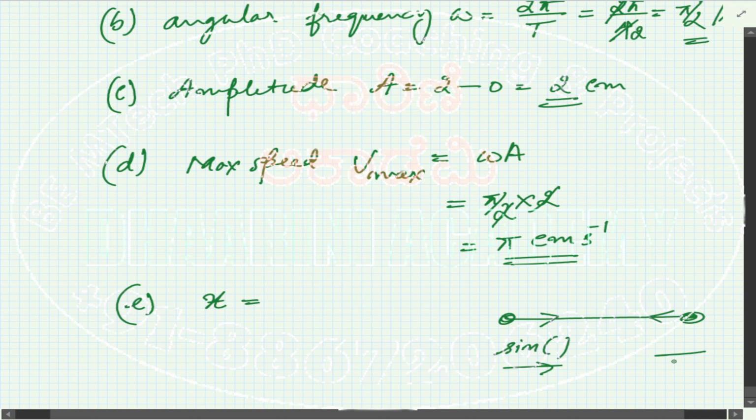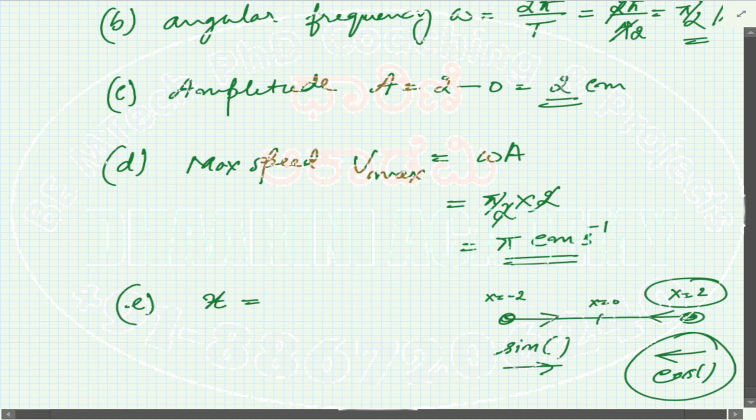If it starts from rightmost and comes back, then that is considered as the cosine motion. All right. So now you see that at t equal to 0, you can read the statement. The displacement is from x equal to 2, which means x equal to 0 will be at the center, x equal to minus 2 will be at this. So it actually starts from rightmost. So this has to be a cos function.